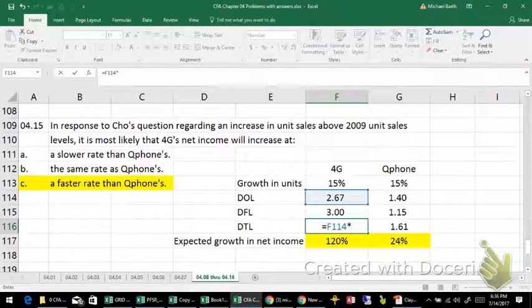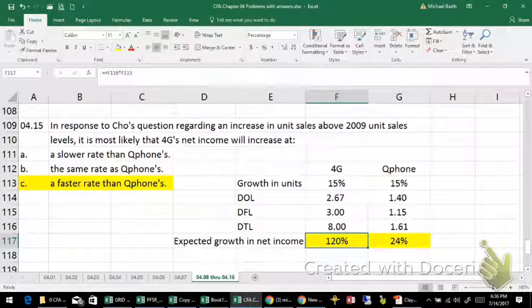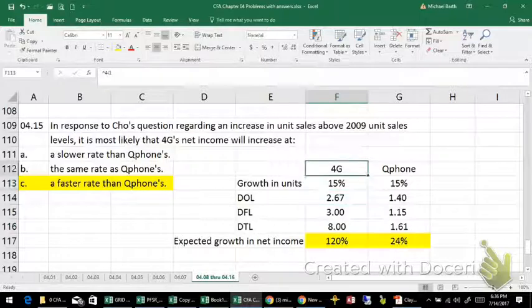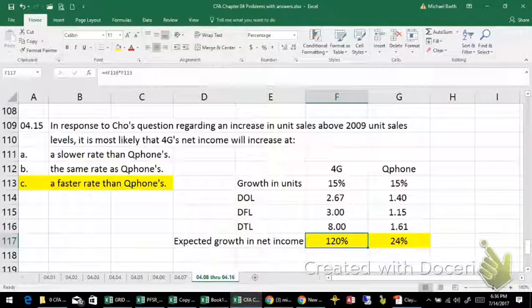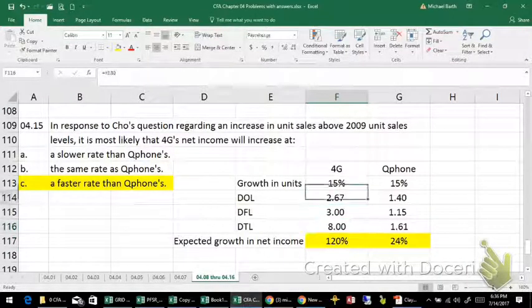DOL times DFL gives you the degree of total leverage, and the degree of total leverage is the elasticity of net income with respect to changes in unit sales. So if units grew 15%, then the expected net income would grow by 8 (DTL) times 15%, or 120%.